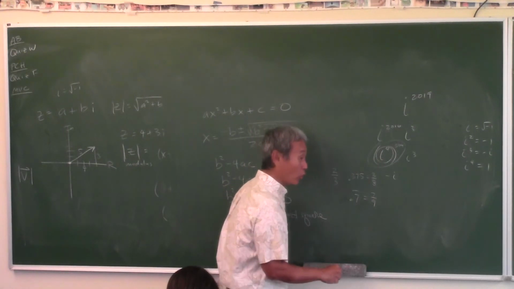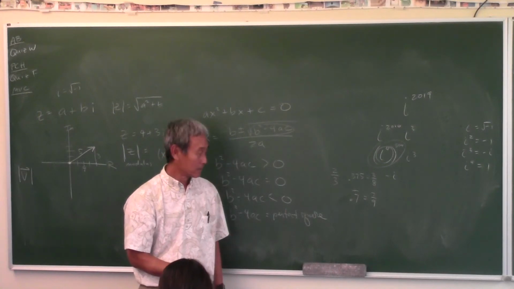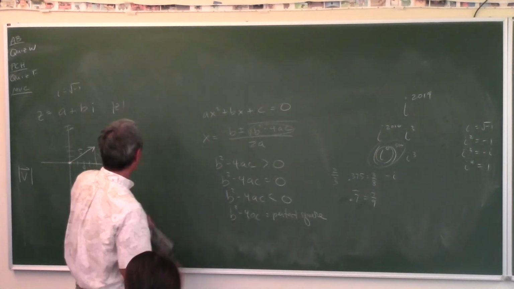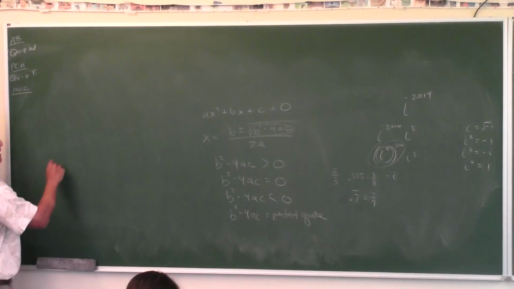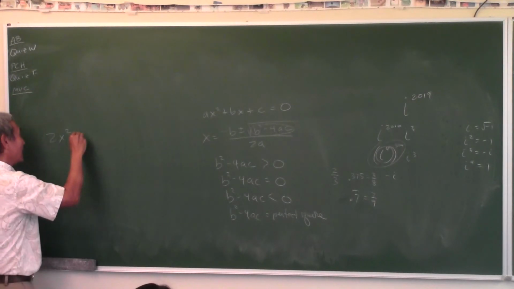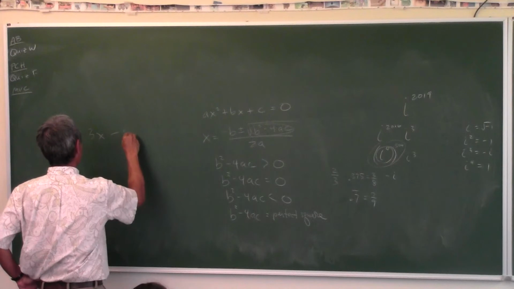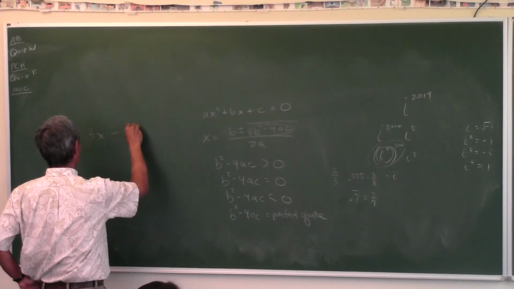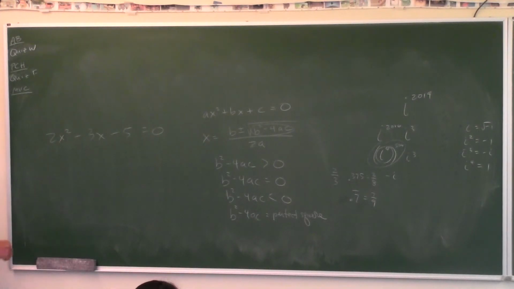Wait, why does having a perfect square give you rational roots? Okay, here, let's go back to 8th grade. What if I gave you this equation? 2x squared minus 3x minus 5 equals 0. Okay, let's say you didn't factor it, you go, I'm going to use the quadratic formula.